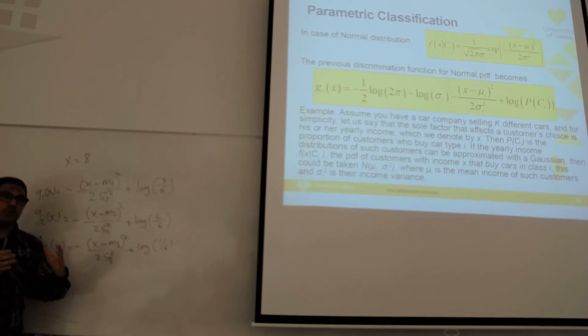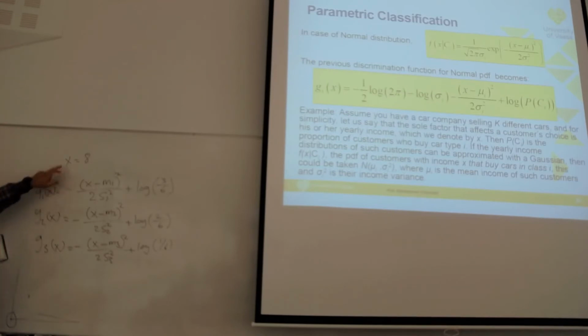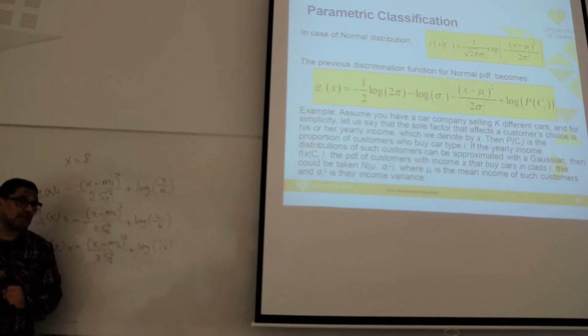You would like to estimate the class that the customer will buy the car. What you do is substitute 8 in those 3 discriminant functions, and you select the largest one. It's simple like that. You substitute 8 here, and here, and here. Then you find the maximum, and the maximum is what the machine tells you, that this guy will buy that product.